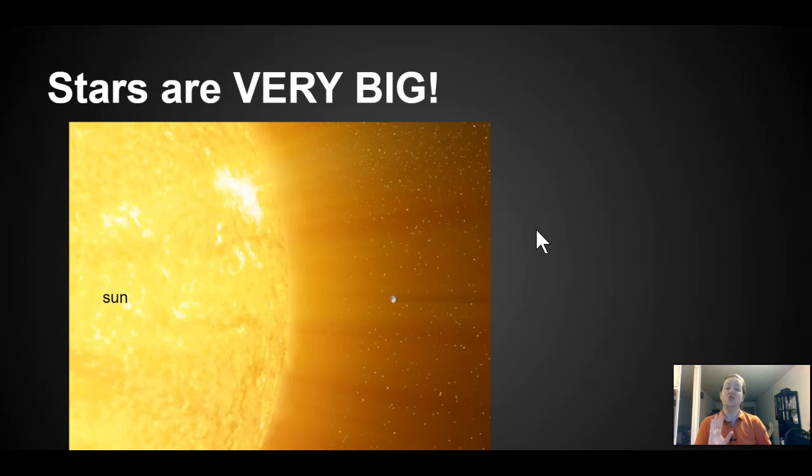Now, stars are very, very big. Look right here at this picture. Here I have the sun. What is this right here? That's the earth. Now, the earth is pretty big, but compared to the sun, oh my goodness, the earth is very, very small.